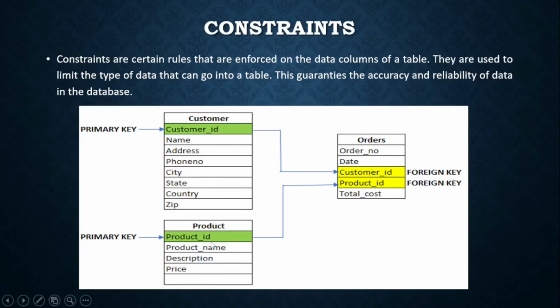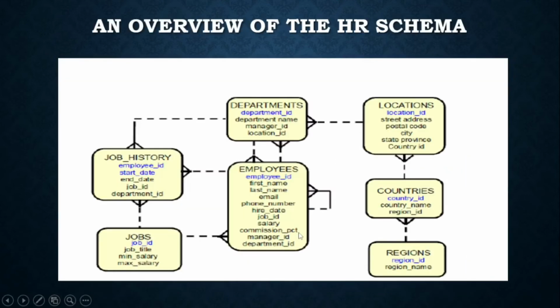The same thing if you look at the product table, you have product ID and then you also have product ID in the orders table. So it means you can actually select data from the 2 tables simultaneously using the primary key as the common factor.